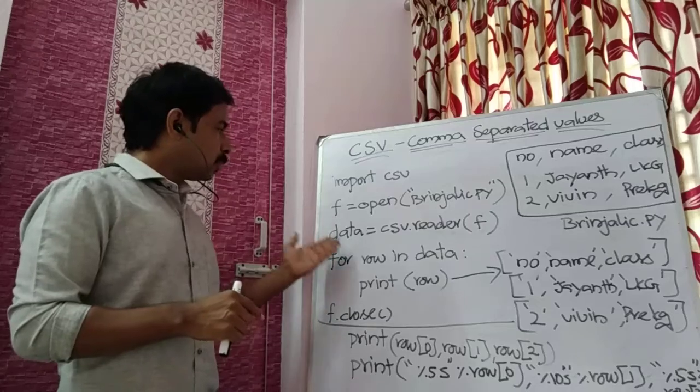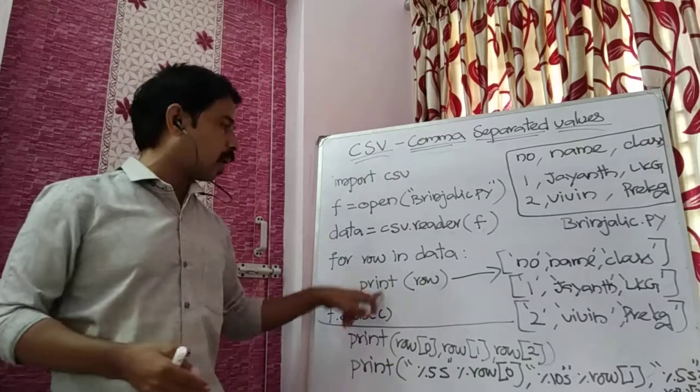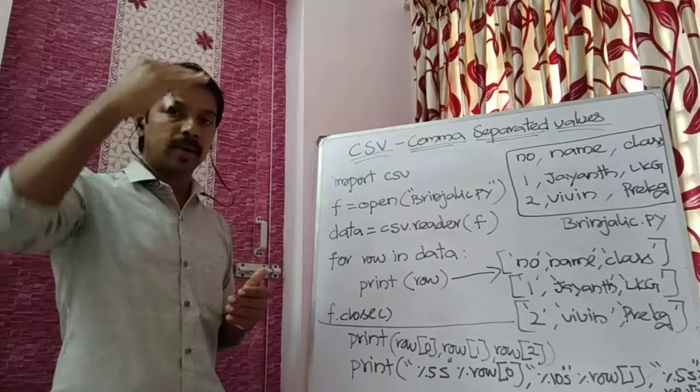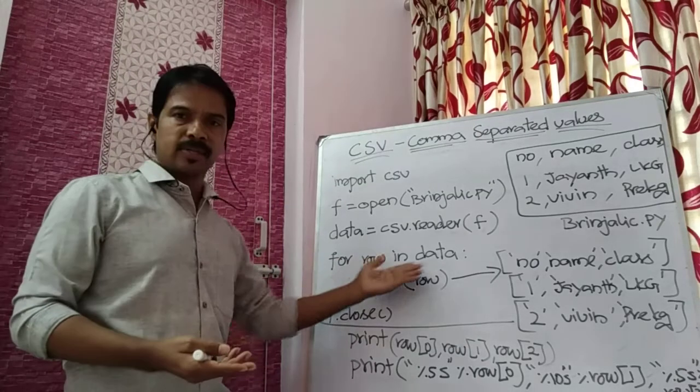Now using this for loop you can iterate over this data record by record. Suppose 100 records are there, all 100 can be accessed this way.